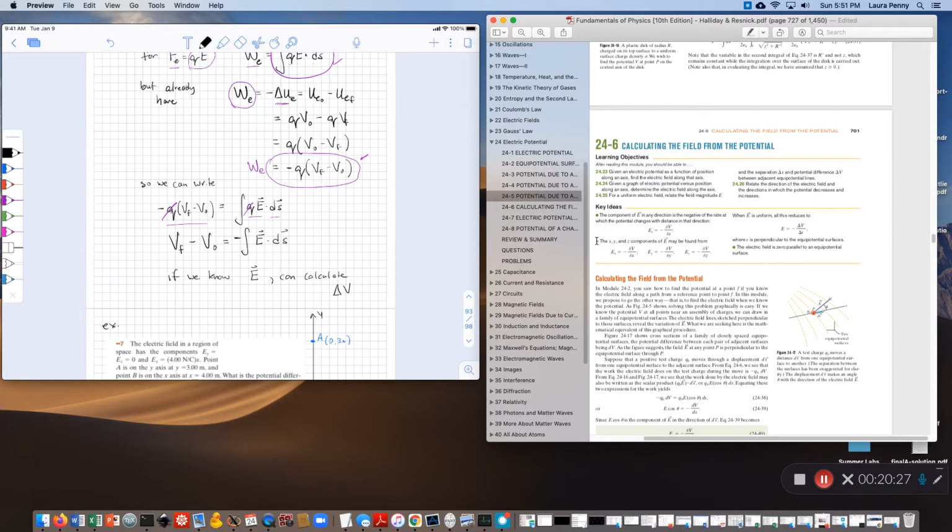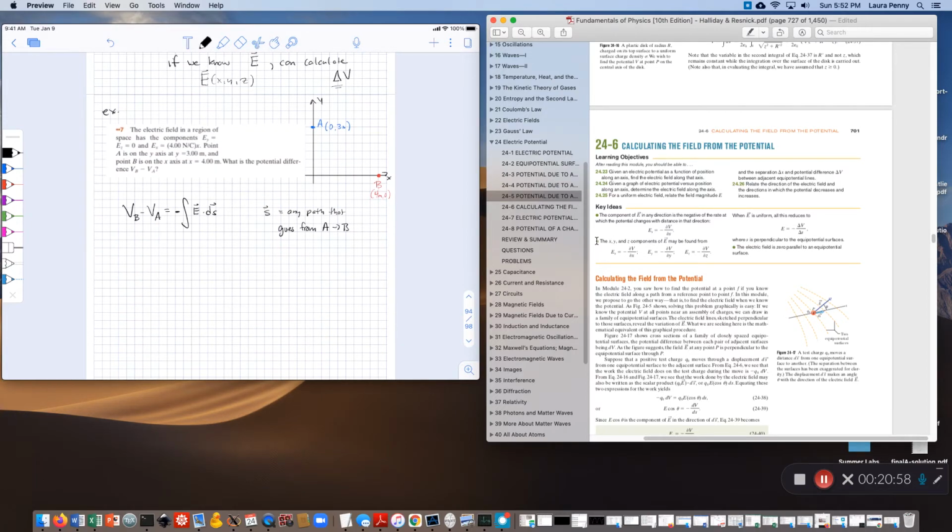And so what this says is that if I know some equation for the electric field, I can actually calculate the difference in electric potential between two points. So basically, if you know the electric field as a function of position, then you could get the electric potential difference between two points.